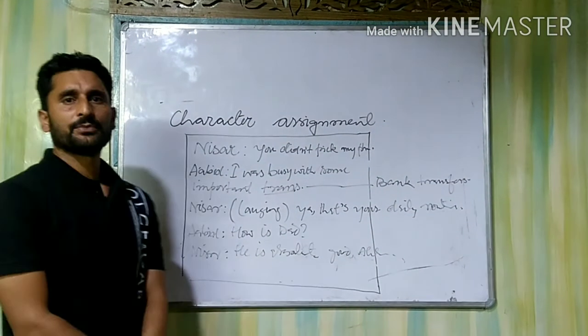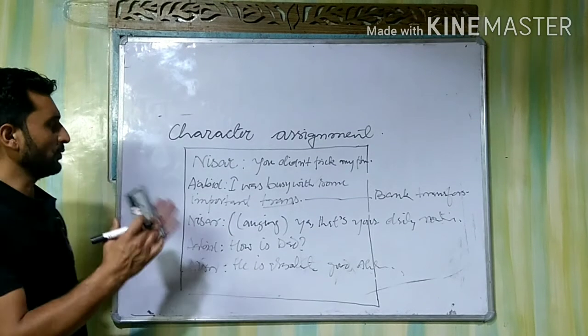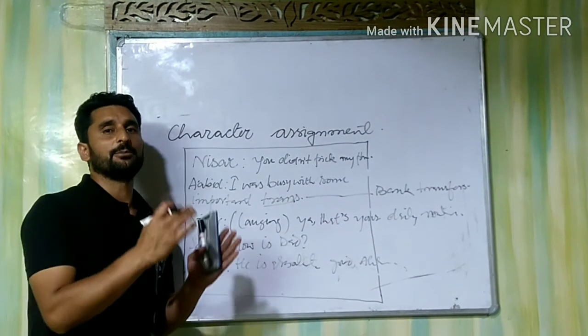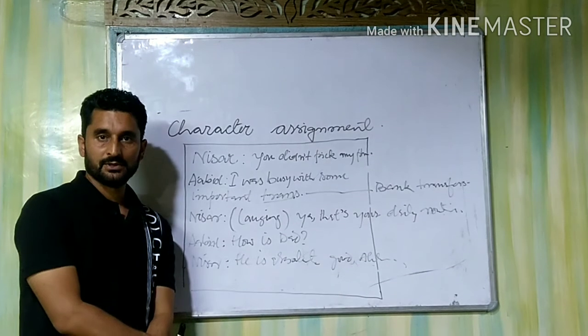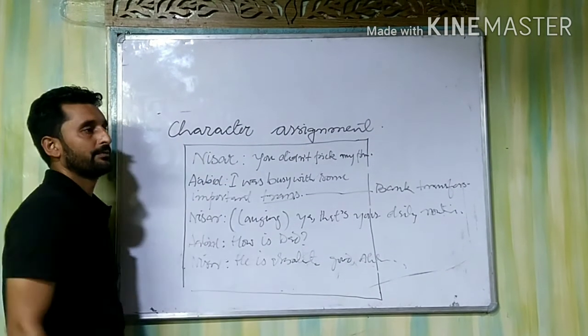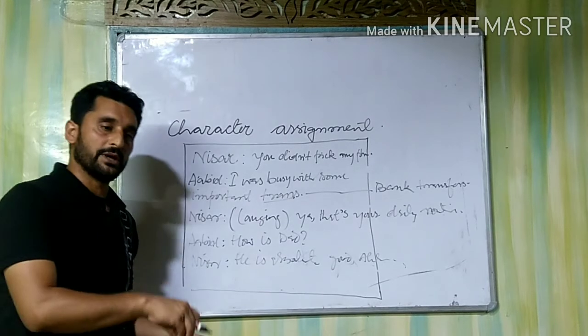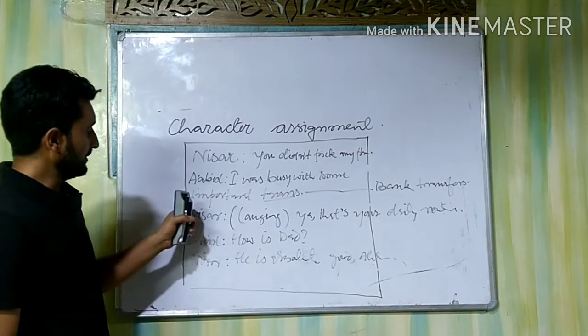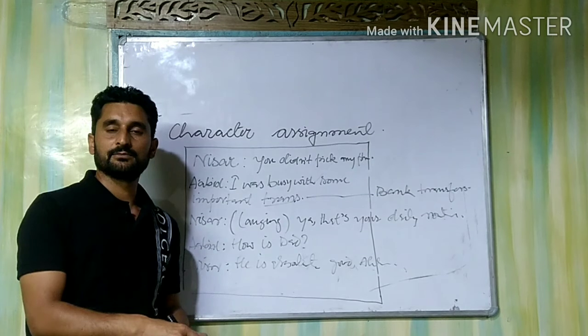One more thing about writing a dialogue is, you should try to provide equal opportunities to each character. If this character says, can I carry your bag? The next one says, okay. The second dialogue goes, this bag is really heavy.